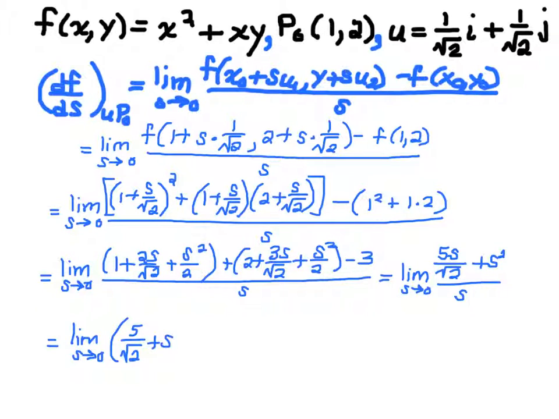Now s is going to 0, so we can resolve the limit, and our answer is 5 over radical 2. So this 5 over radical 2 is the rate of change of f of x and y, which is x squared plus xy, at p naught in the direction of u.